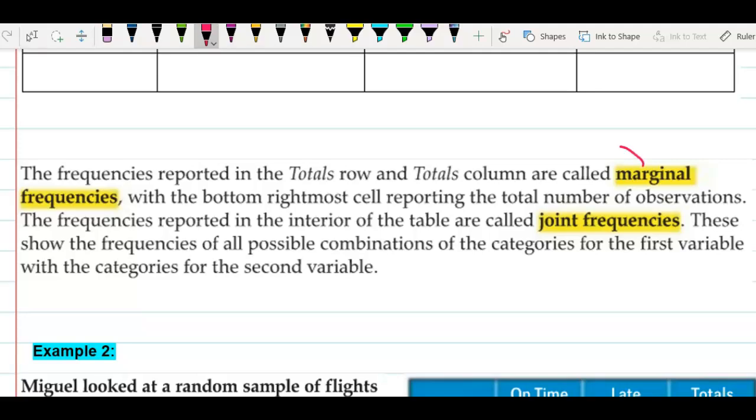These marginal frequencies come from the outside. So these all come from the totals. The joint frequencies come from the middle of the table. If it's coming from the middle four numbers that we had filled in, that's joint frequency, and marginal would be coming from the total.